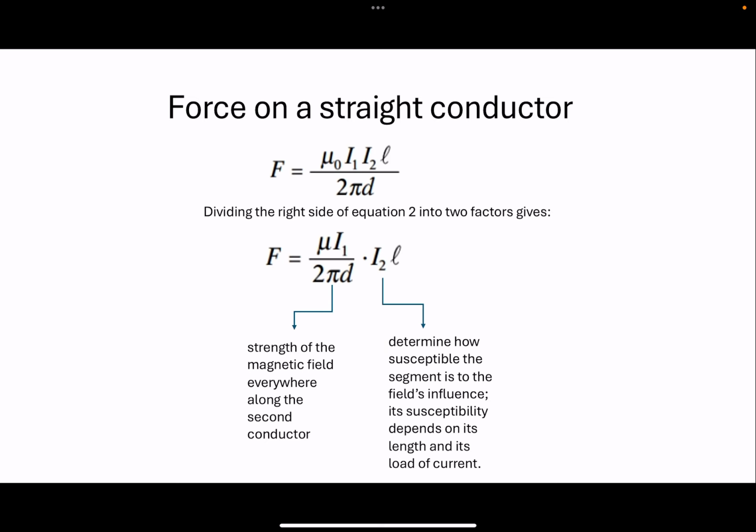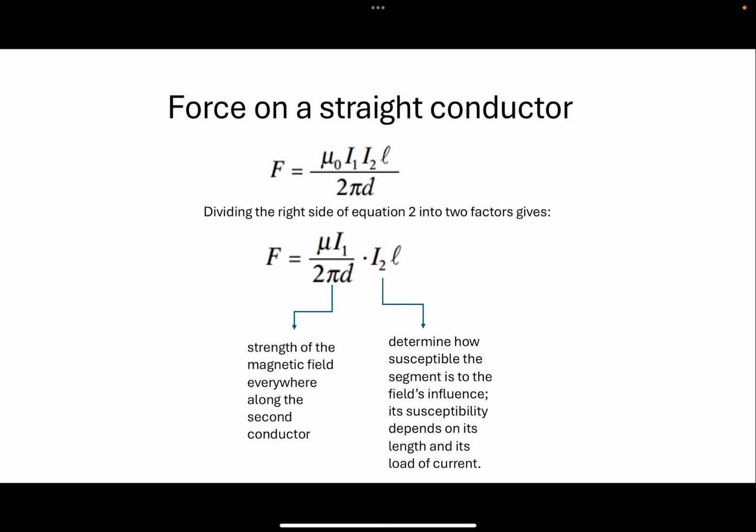So here's a fun little variation on the formula I want you to think about, and we'll pause after this today. But the force on a straight conductor, right? We saw this equation before. Look what happens if I split it into 2 things we can multiply together. The first thing being our constant, our coefficient. We have the current in the first wire divided by 2 pi, the distance between them.